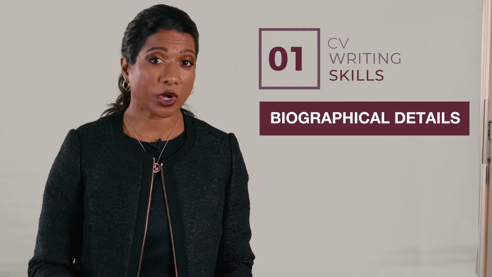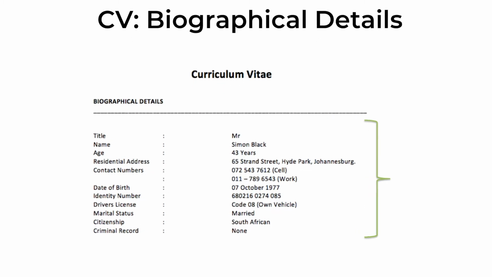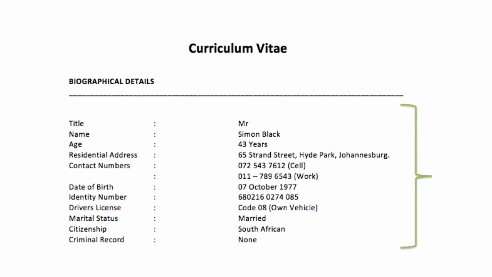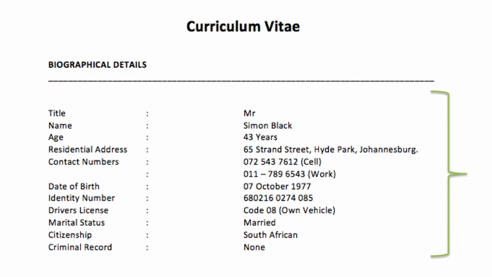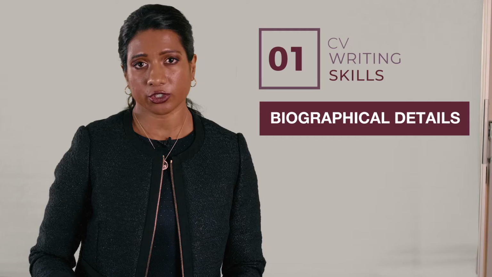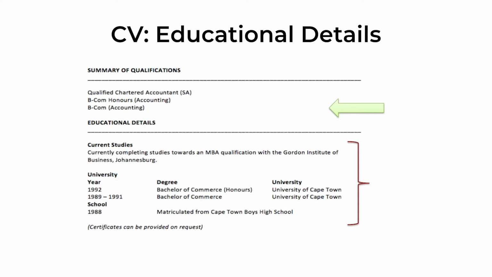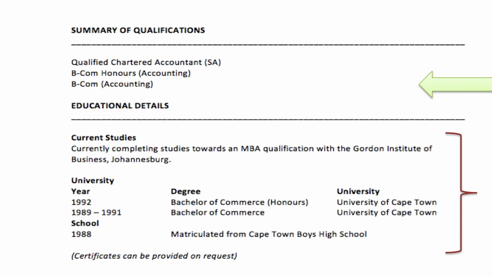Let's now look at what you need to consider when putting together your CV. Your CV always starts off with biographical details, and I've given you a bit of a summary in terms of what are the minimum requirements that you need to have on hand. Then move on to the educational background. Everything that you put into your CV starts with your most current information and then moves on to the earliest information.